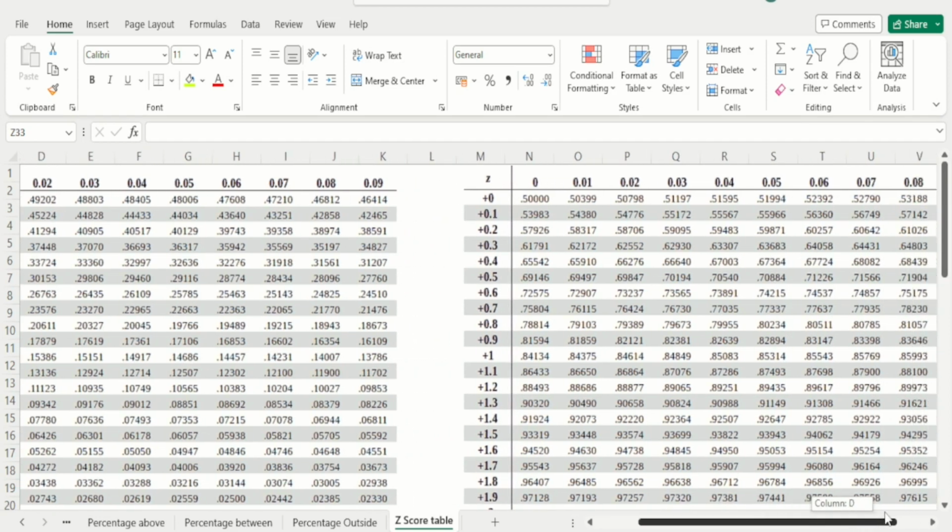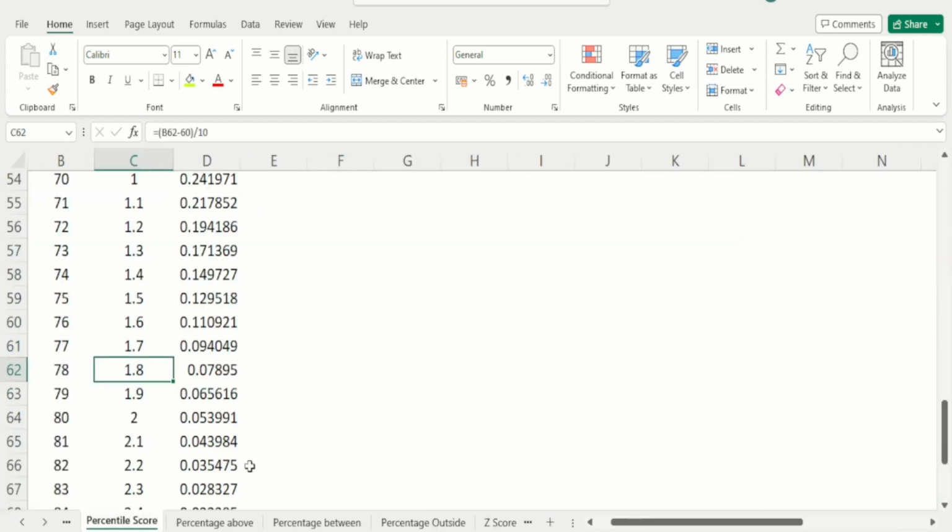Here, if you take a look at 1.8, you can see that the z-score of 1.8 is 0.96407, right? So what does this mean? What is the meaning of this?